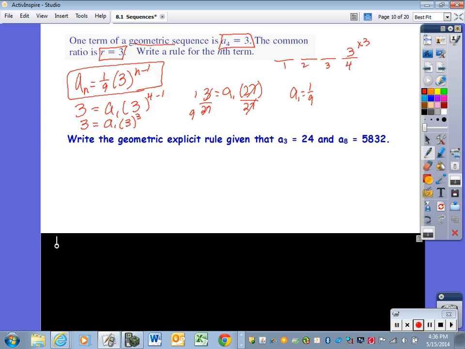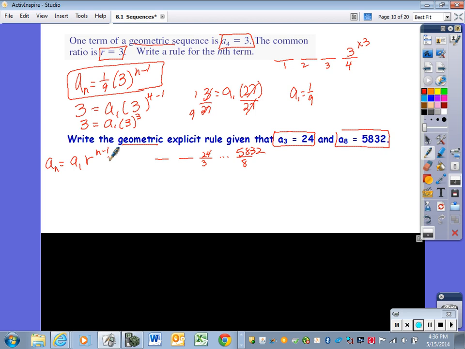How about this time? Third term's 24. Eighth one's 5832. Since it's geometric, I know I need a ratio. So I'm just going to plug it into the formula.